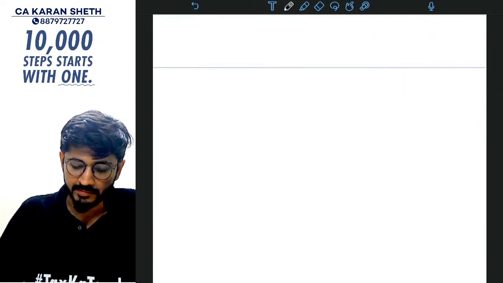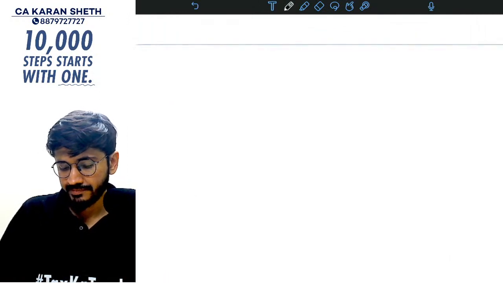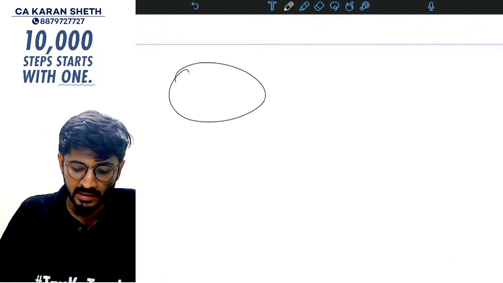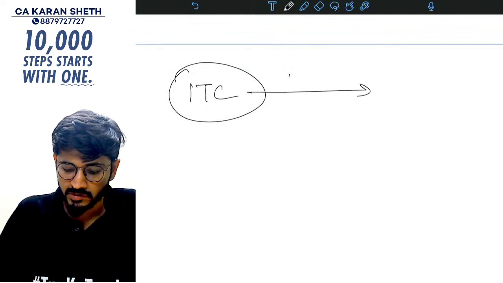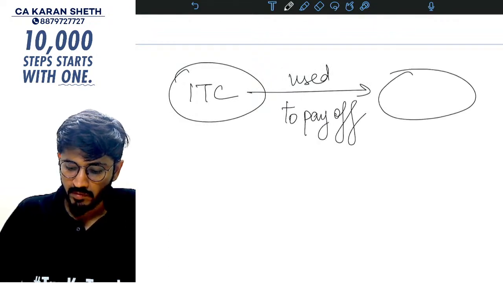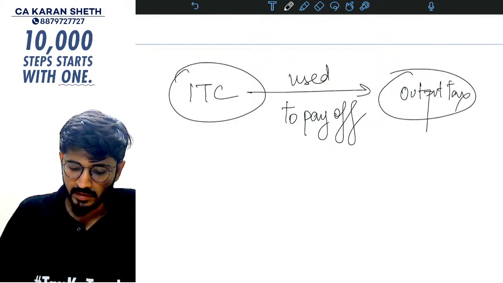If, for example, understand here what this is: ITC can be used to pay off output tax. Correct?